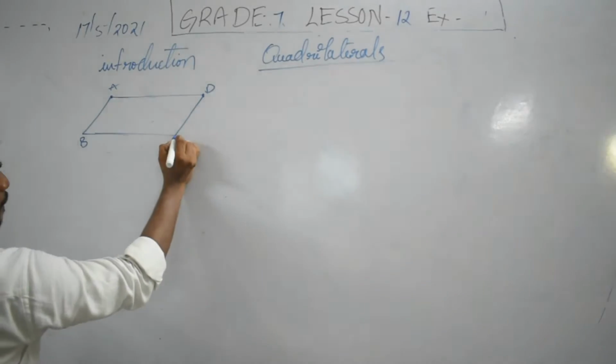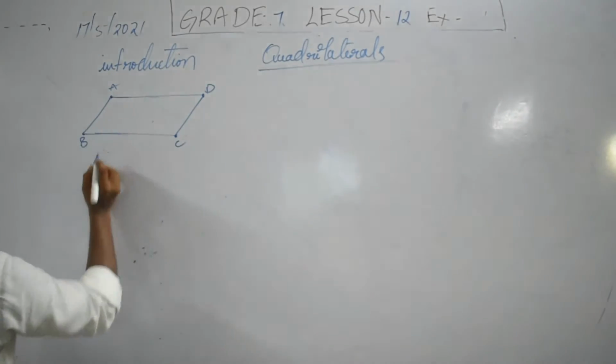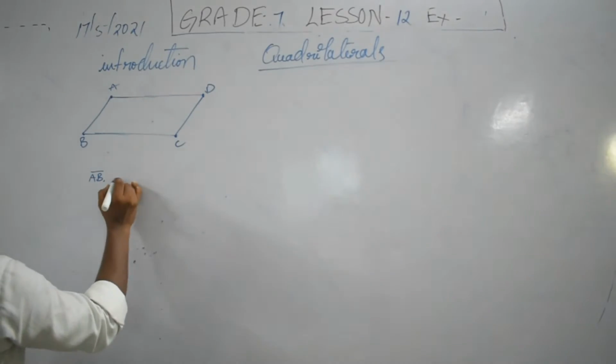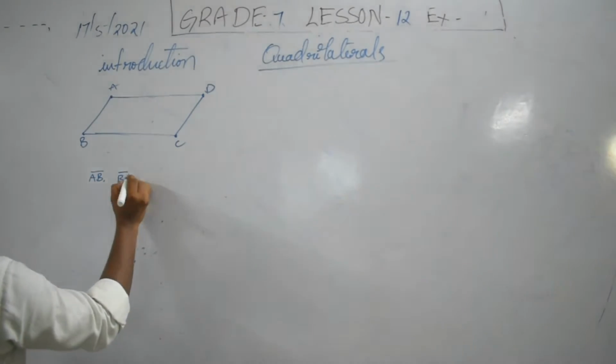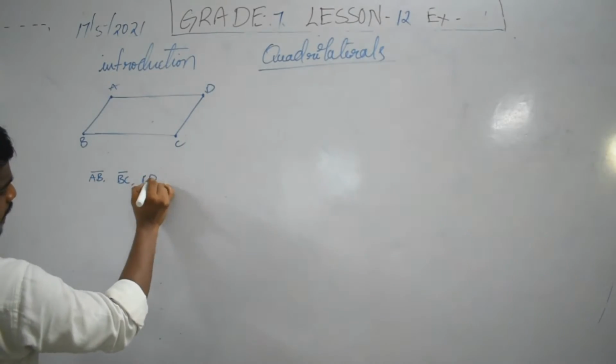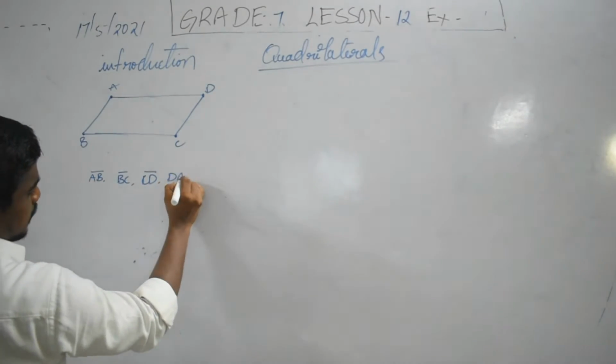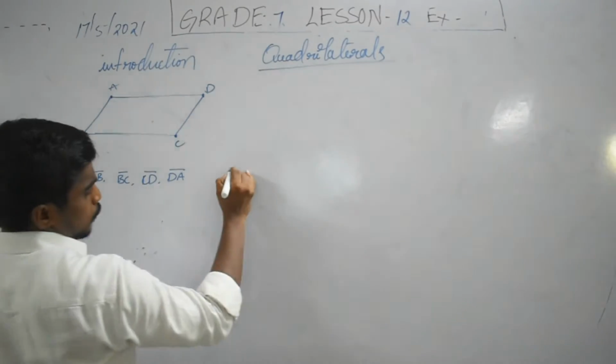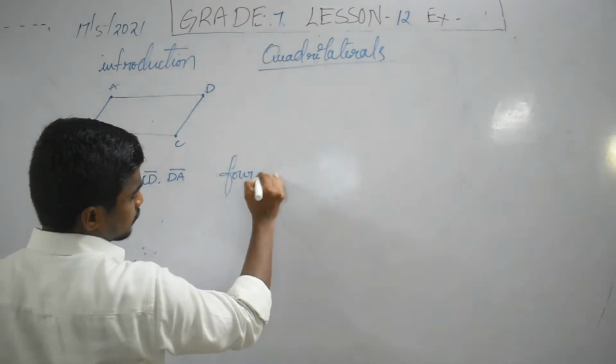AB line segment, BC line segment, CD line segment, DA line segment. Here how many sides? Four sides. Next one, here how many vertices? Here see, four sides.